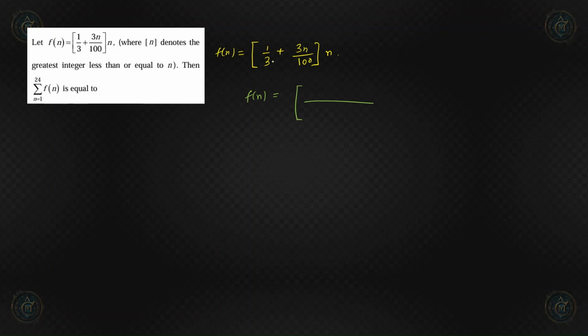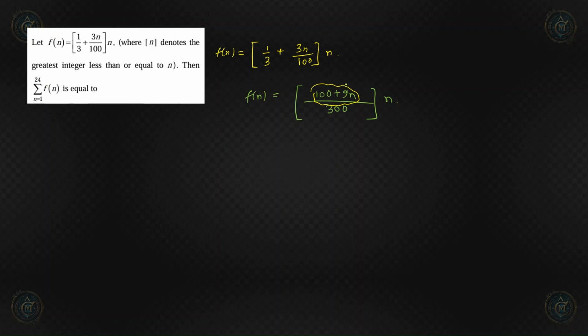If we simplify this fraction, this becomes 300 and then 100 plus 9n, right? So we can observe a very interesting thing here, that this term inside this greatest integer is always positive, right? This 100 plus 9n is always positive because n is varying from 1 to 24.